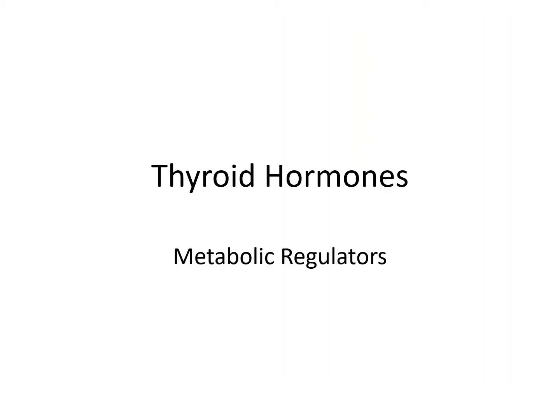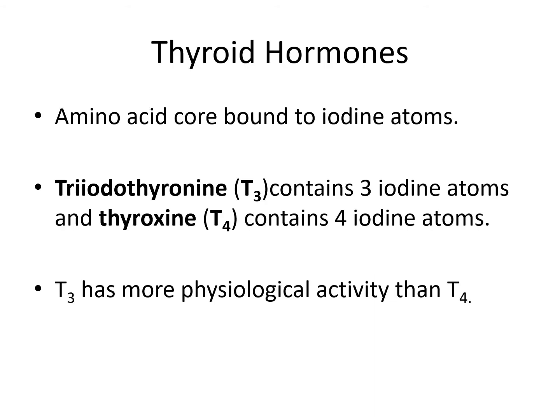Now, the thyroid hormones themselves are important metabolic regulators, and so they have a strong influence on the body's metabolism. The hormones, as we mentioned before, have an amino acid core bound to iodine atoms. That's one reason why in the Western world our salt is iodized, so no one will be deficient in iodine.